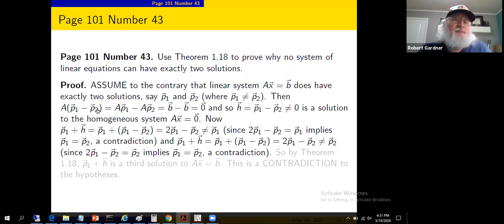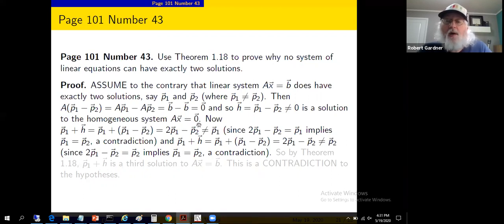So A times p1 minus p2 is a solution to the associated homogeneous system of equations. Let's denote p1 minus p2 with an h, because that's a solution to the homogeneous system.